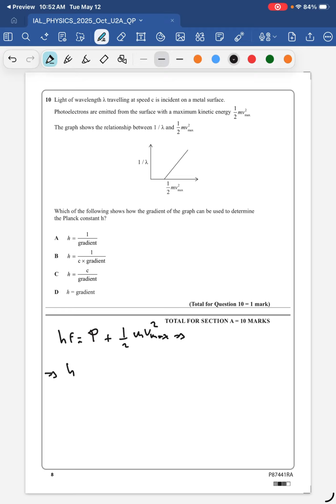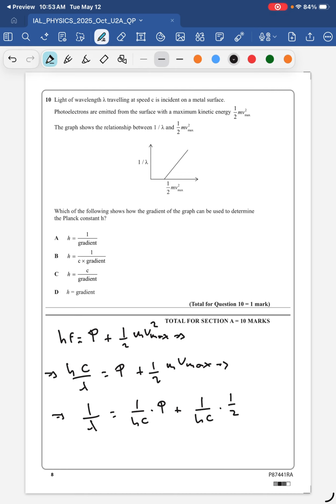So we can write this as hc over lambda equals phi plus 1/2 mv max squared. And then we can write that 1 over lambda is 1 over hc times the work function plus 1 over hc times 1/2 mv max squared.